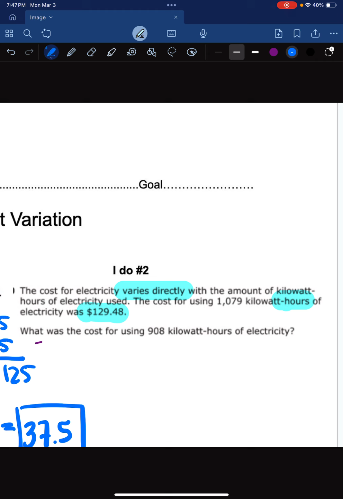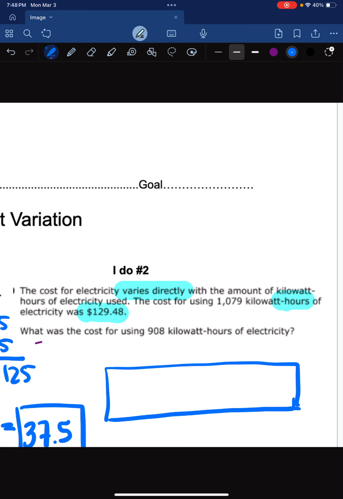So this example I'm going to show you using the strategy that Miss Cruz and Mr. Innocent use, meaning our one table. Again, the strategy is the same, except now we'll have a box. So our words that we are comparing here are hours and dollars, or hours and cost.